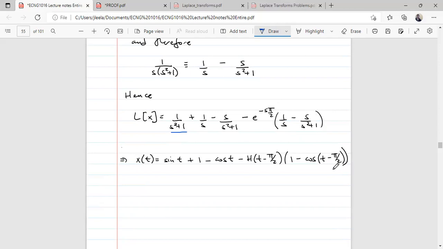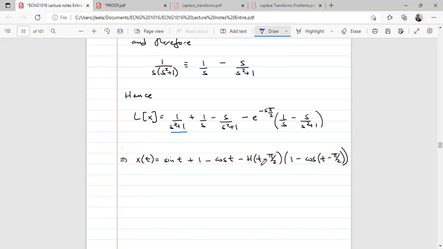According to the definition, you remember with the Heaviside function, when you're finding the inverse Laplace, whatever your t naught is, your function at t minus t naught must match up. So the Laplace inverse of s over s squared plus 1 is cos t, so you have to replace the cos t by t minus pi over 2.